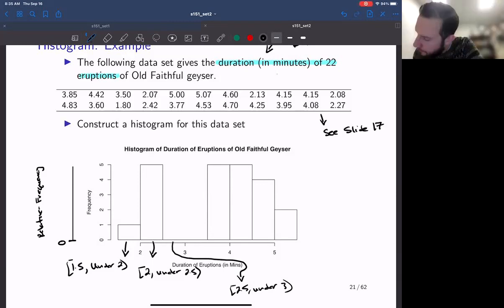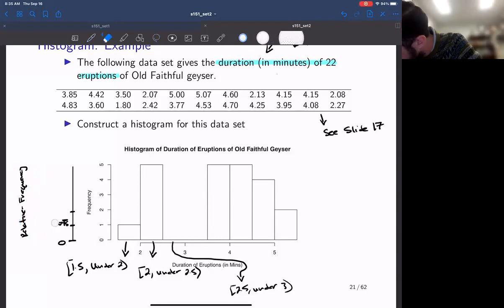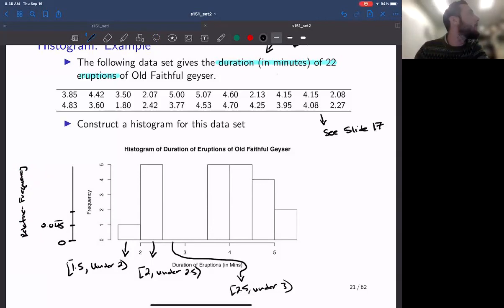And so then we would have 0.045 repeating. Here, I'll just move this over so it's a little more legible. Okay, and then we would have 0.09 repeating.